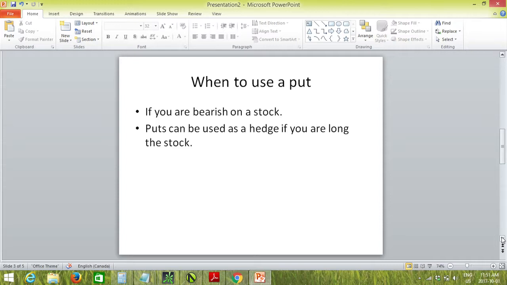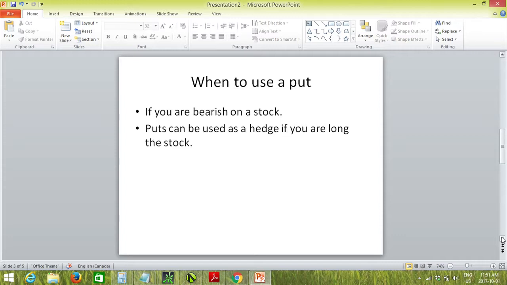Long puts can also be used as a hedge. So if you own a $50 stock and say you buy a $45 put, it's going to protect you on the downside. It's like paying an insurance premium.